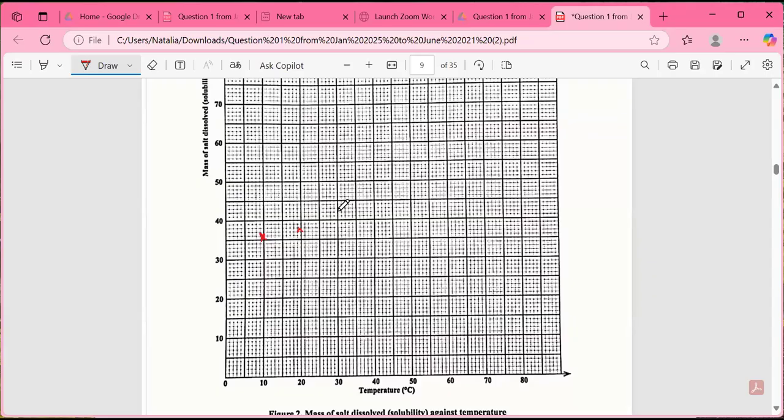So 41, 42, 43, the third small box from 40. 40 is going to be 53, the third small box from 50.